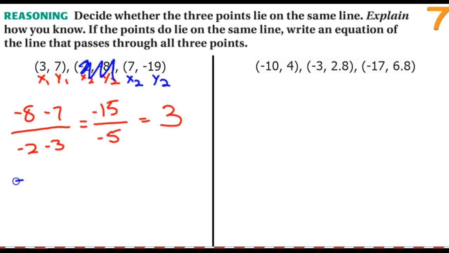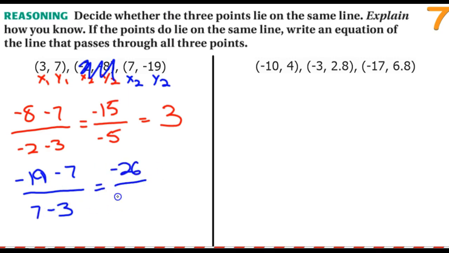So negative 19 is our y2, minus 7, over 7 minus 3. Negative 19 minus 7 gives us negative 26. 7 minus 3 gives us 4. I can simplify this to negative 13 over 2. I can't simplify it anymore.